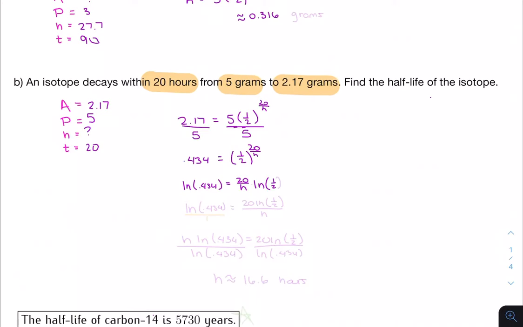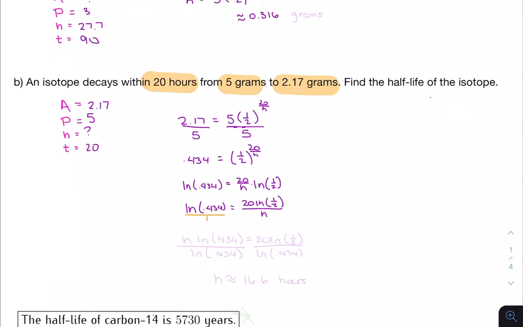ln of 1/2. And so since we have multiplication going on between the 20 and the h, we can just rewrite that on top. So we have 20 ln of 1/2 over h, equal to ln of 0.434. So all I did was multiply 20 times ln and brought it up front. And now that we have a denominator on the h, we can always rewrite the ln with a denominator as well. We can rewrite that over 1. And from here, what we can do is just cross multiply.